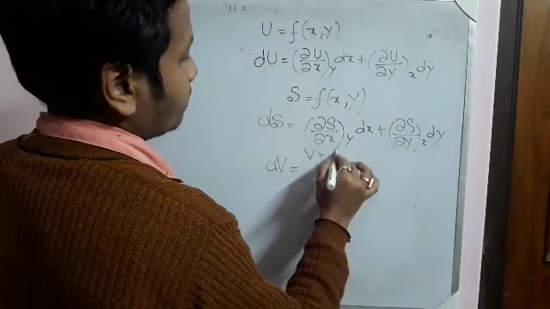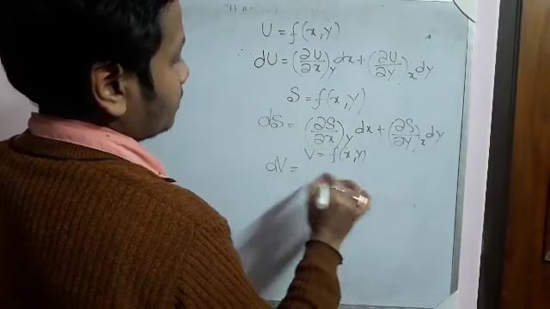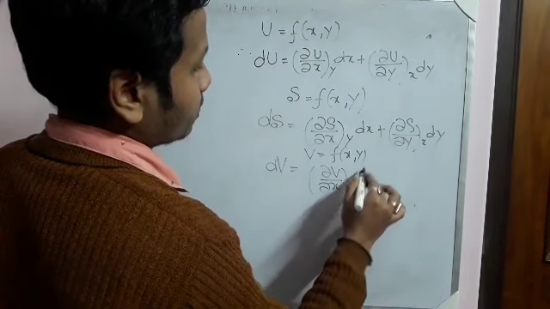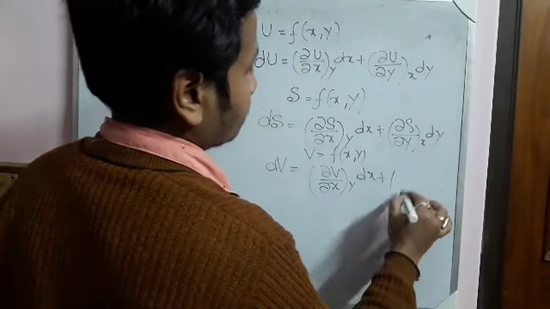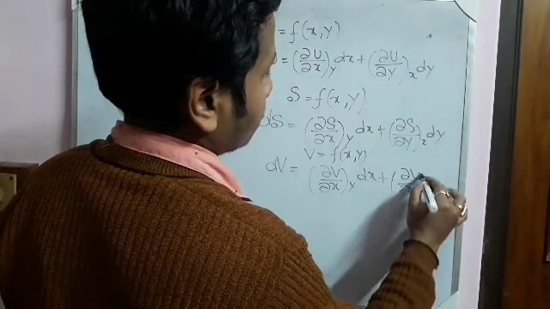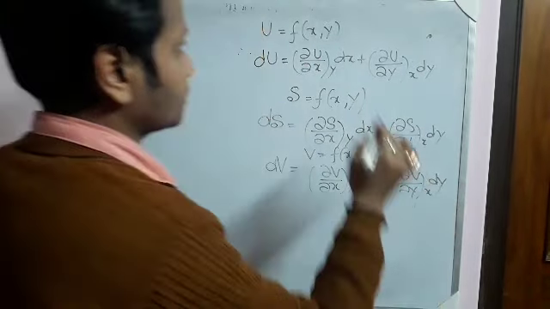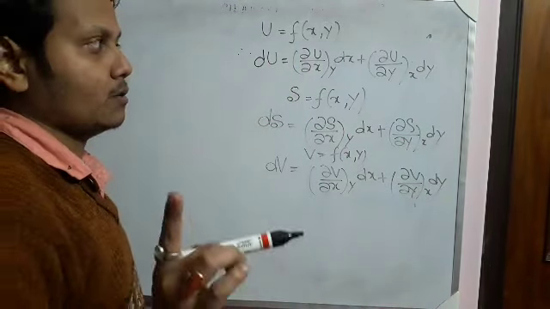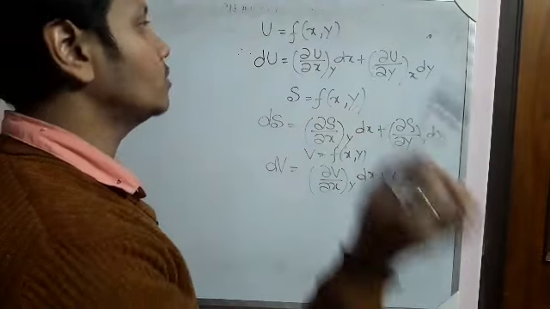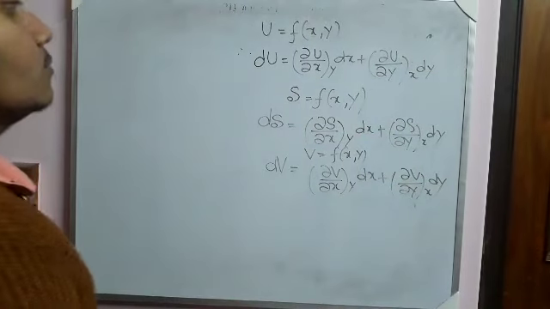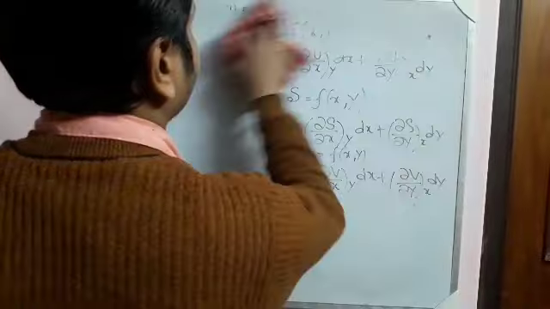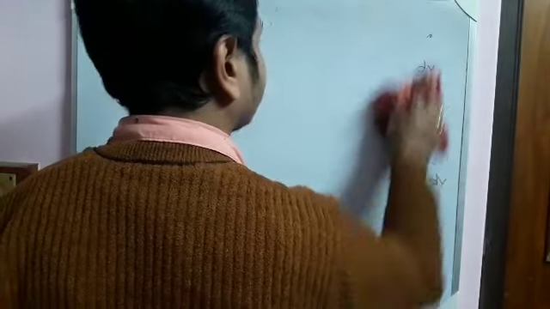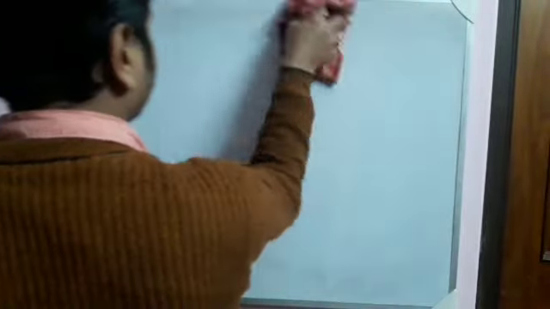If we assume v as a function of x, y, then dv equals del v del x at constant y dx plus del v del y at constant x dy. Since these 3 differential terms can be expressed in terms of x, y, our task is to substitute these values in the combined equation of first and second law. So what do we get?